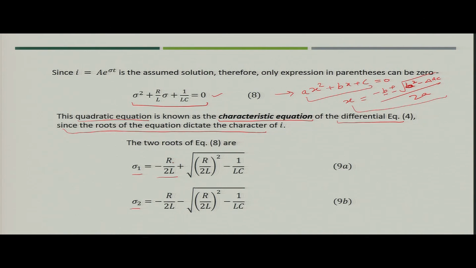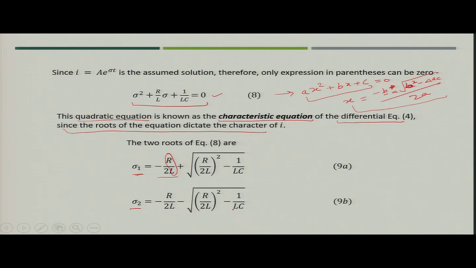So, b would be minus R by L, and then plus or minus. Because you have plus minus, one root would be related to plus, the second root would be related to minus. When you put these values, you will get sigma 1 equal to this, sigma 2 equal to this.